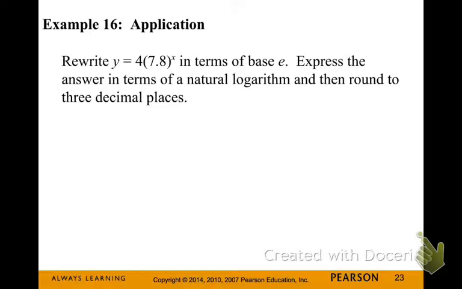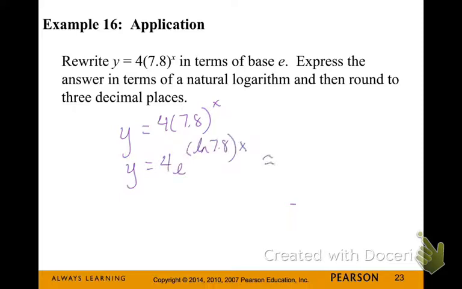Example 16. Rewrite y equals 4, that's our initial a amount, times base 7.8 raised to the x in terms of base e. So 4 is our a value and b is 7.8. So using that formula, y will equal 4 times base e raised to the natural log of 7.8 times x.